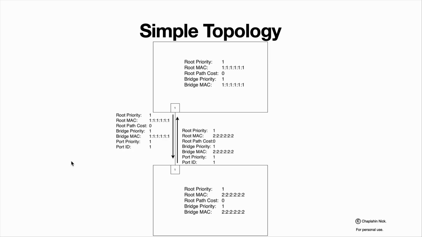Let's go further. The bottom switch, because it treats itself as a root, also sends BPDUs with information about itself as a root. And we compare those, let's call it the priority vector as in the standard, on both ports. Okay? By the way, port priority 1, port ID 1 here, and port ID 1 here.